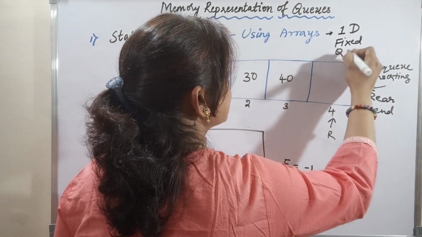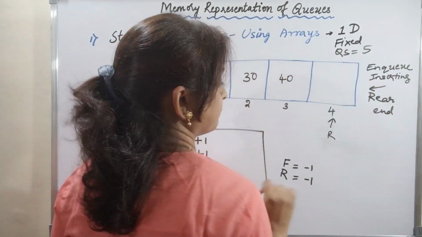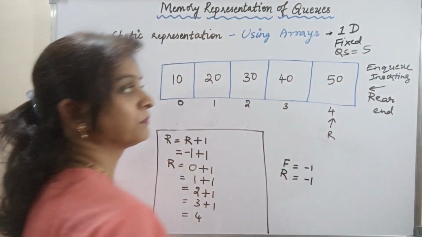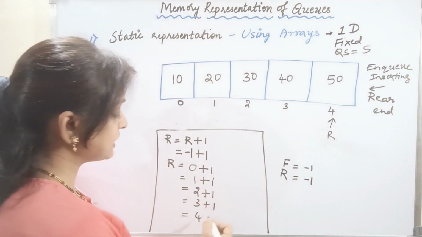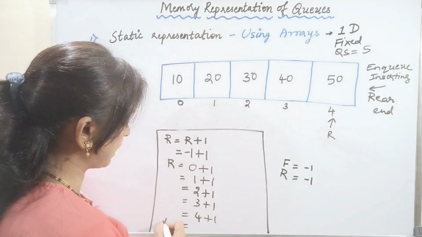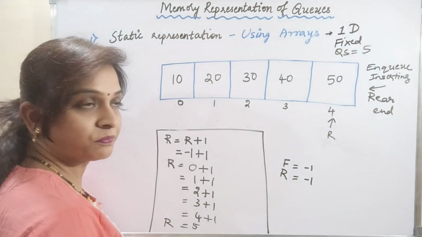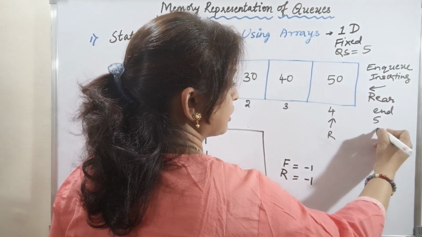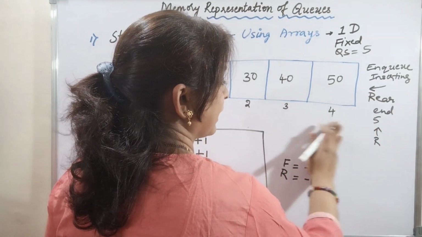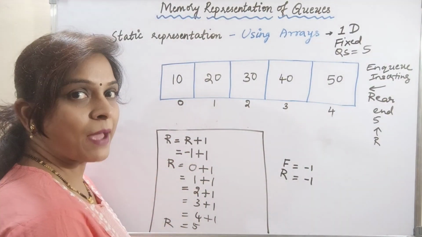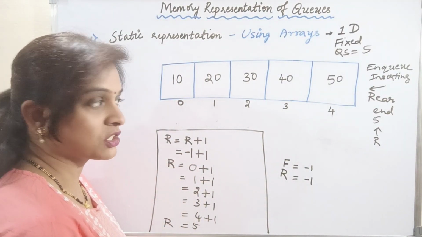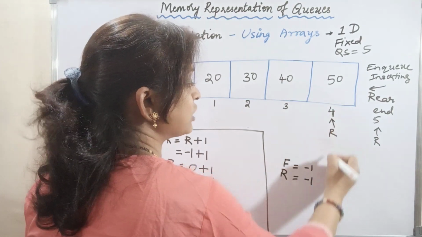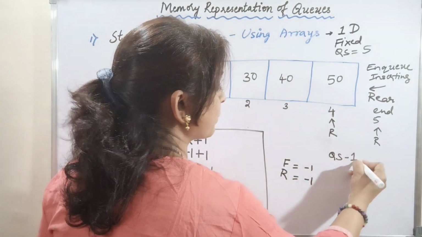The queue size is 5. The rear pointer is 4. I am inserting 50. Then once again I say 4 plus 1, the rear becomes 5. When the pointer moves to the next position, I cannot do the insertion because the rear pointer has already reached queue size minus 1.